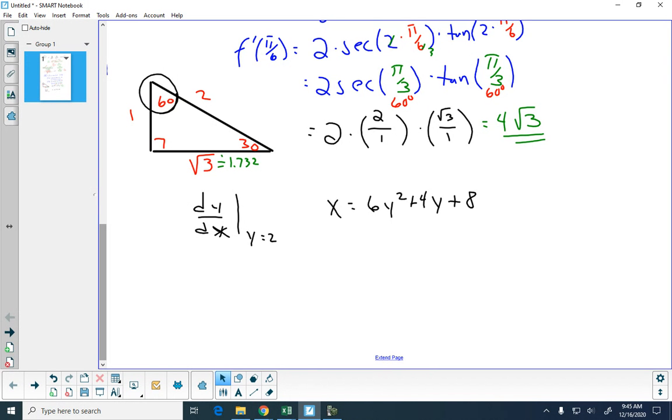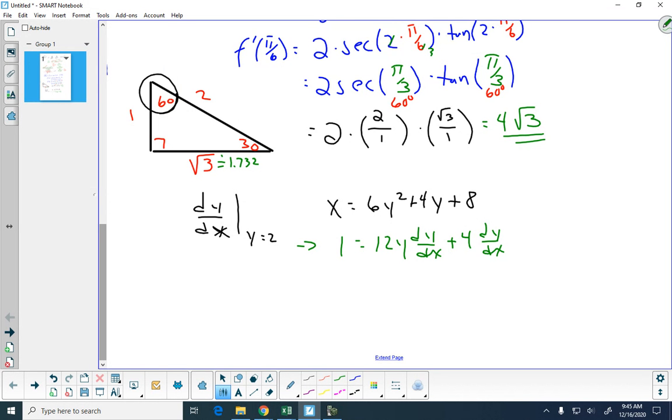Ozzy, what do you have? Just initially, what's the next step? I have 1 equals 12y dy/dx plus 4 dy/dx. Okay, and then we have a plus 0 there.